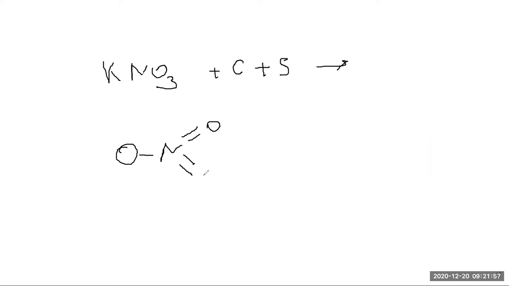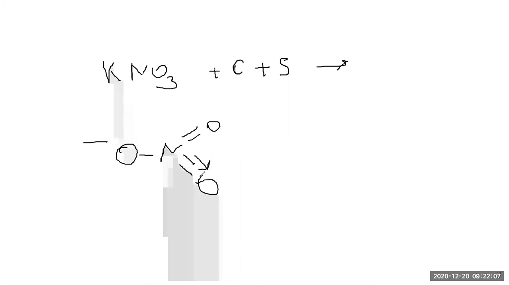Potassium nitrate. What is the oxidation state of nitrogen here? Who can tell me? To do that, draw the structural formula. The structural formula is this. What is the oxidation state? Nitrogen is less electronegative than oxygen, right? That means oxygen withdraws electron density.